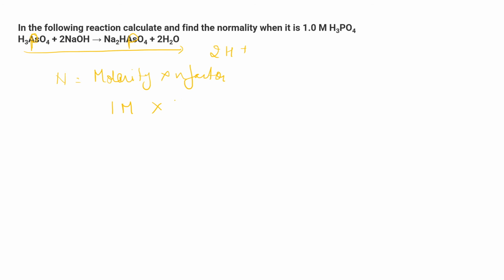N factor for this phosphoric acid is 2. So normality will be 2 normal. Okay. That is so simple to understand. Please calculate the value for this one. I'll give you 1 minute. Use the same formula. Normality is equal to molarity into N factor.